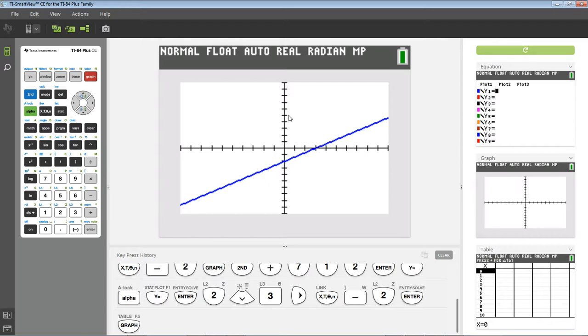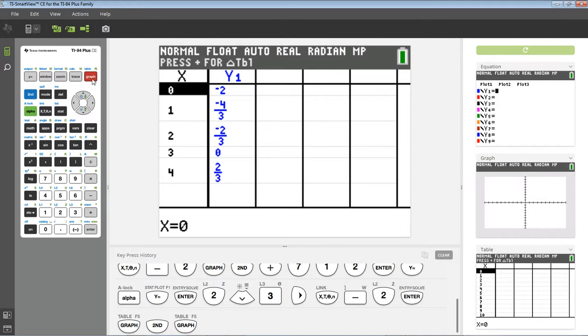And then I guess as a final way of checking this, you can go to second graph and look at the table, and you should find that the point (2, 3) is in the, well, this is just going to show points on the line.